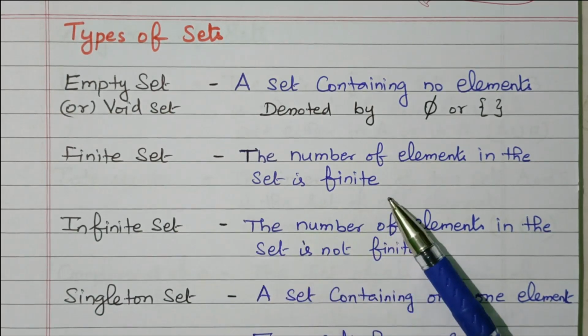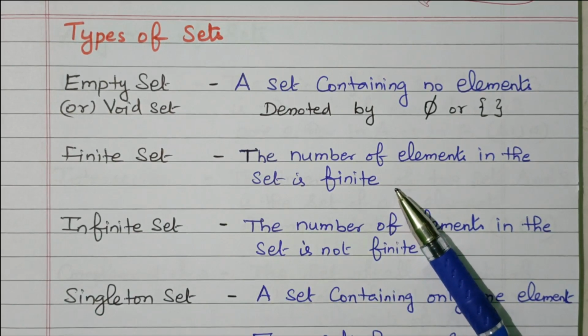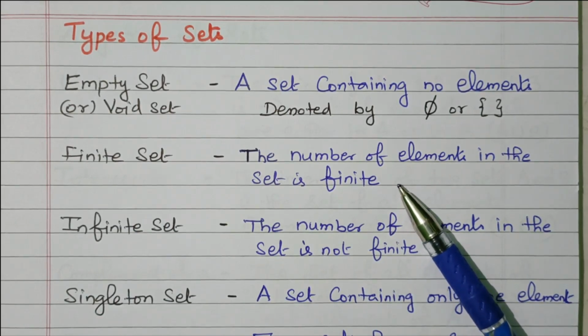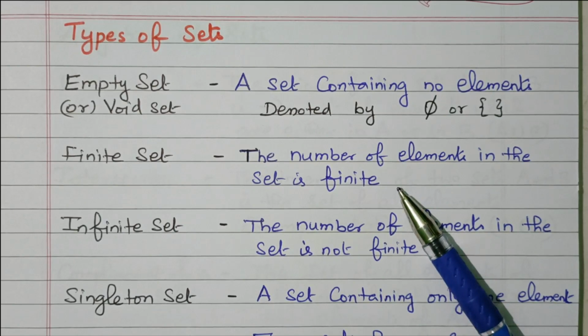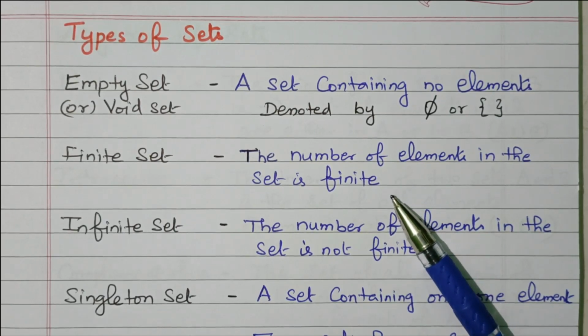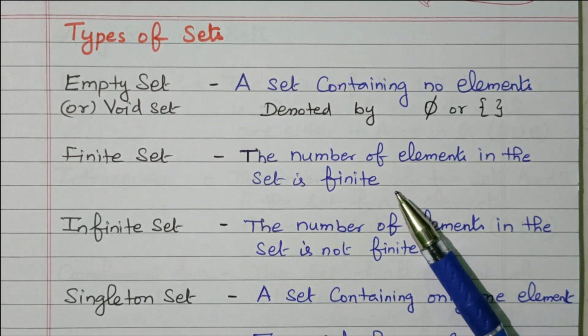We can easily identify the numbers. For example, the number of boys available in this class is a finite set. We can easily count the number of boys in the class, the number of girls in the class. The number of boys in a city is also a finite set, right?